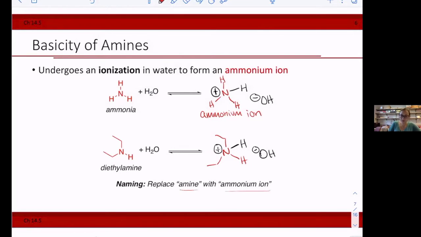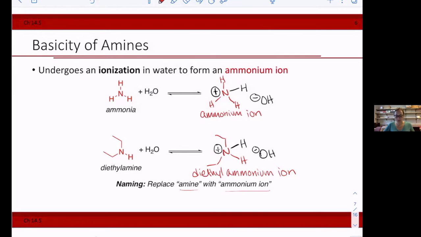So for this example, we would have diethylammonium ion as the name for this particular nitrogen part. The nitrogen with the positive charge, that's an ammonium ion. Okay, so that is what happens when ammonia or an amine is in water.